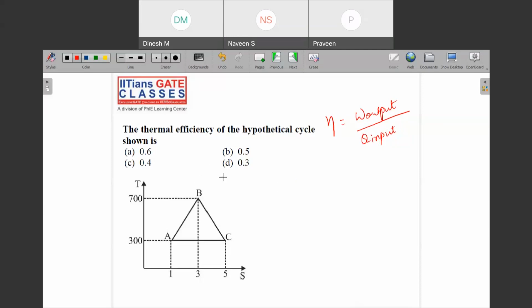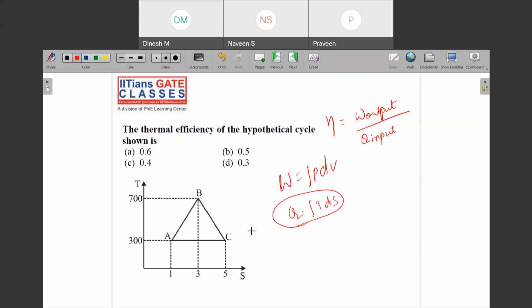So this has given you a TS cycle, right? In a TS cycle, we will appreciate this later, just as W is the integral of PdV, similarly Q is the integral of TdS.